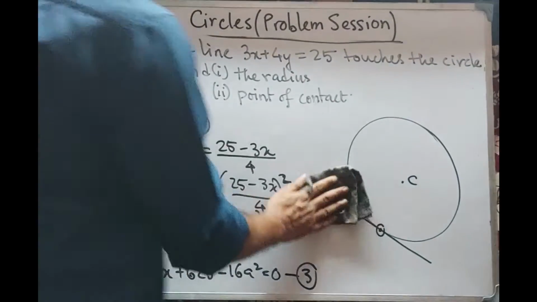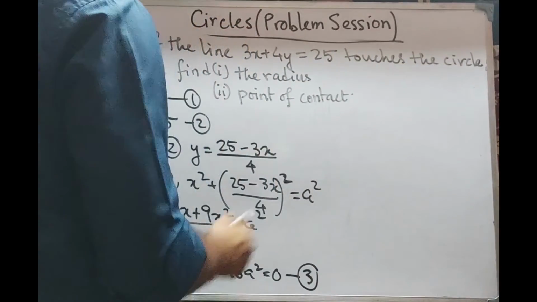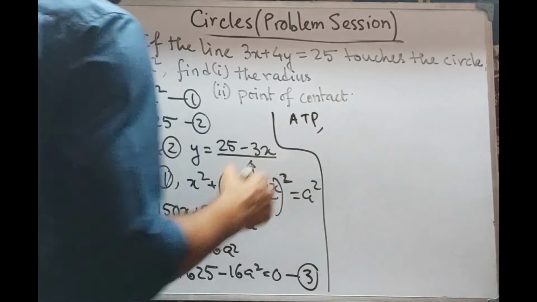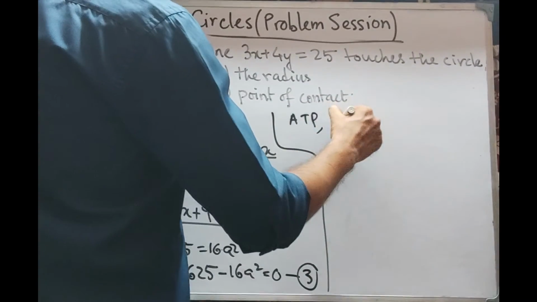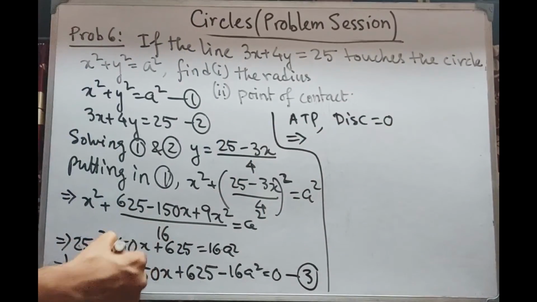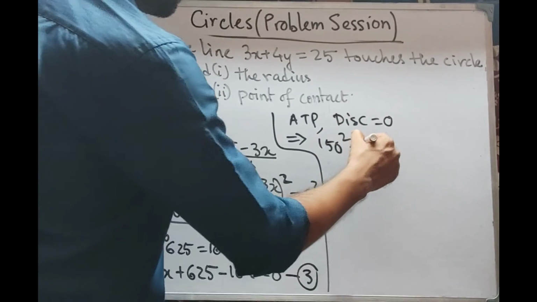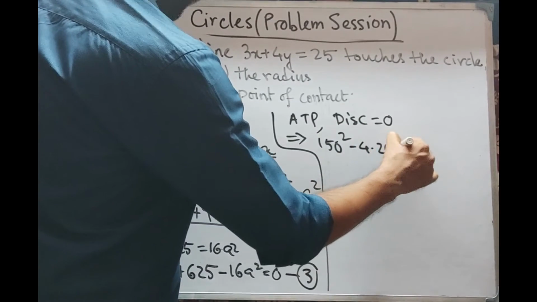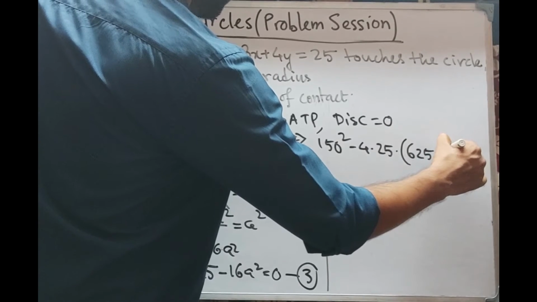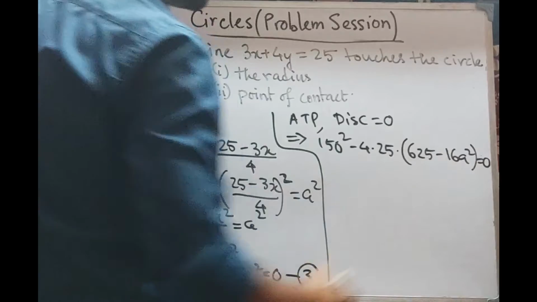So we are writing it like this. According to the problem, the discriminant is 0. That means 150 square minus 4 into 25 into (625 minus 16a square) is equal to 0.